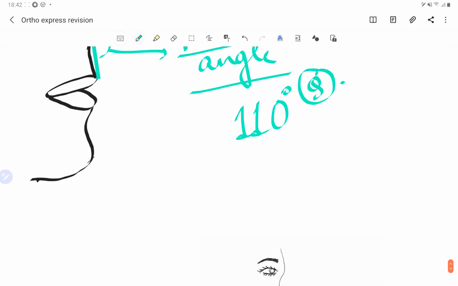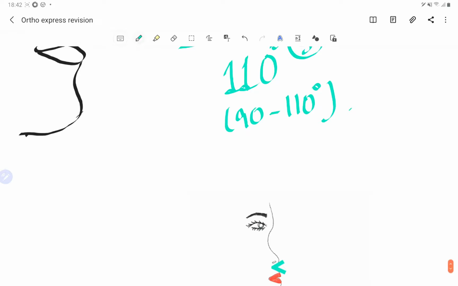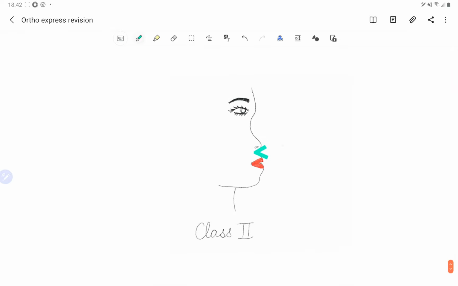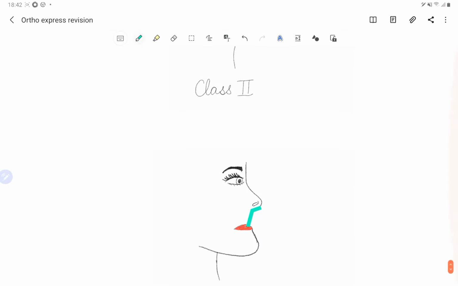If they are asking the range, which is 90 to 110 degrees, this is usually more in the females as compared to the males. So this angle is reduced in case of a proclined maxilla, and it is increased in case of a retroclined maxilla.